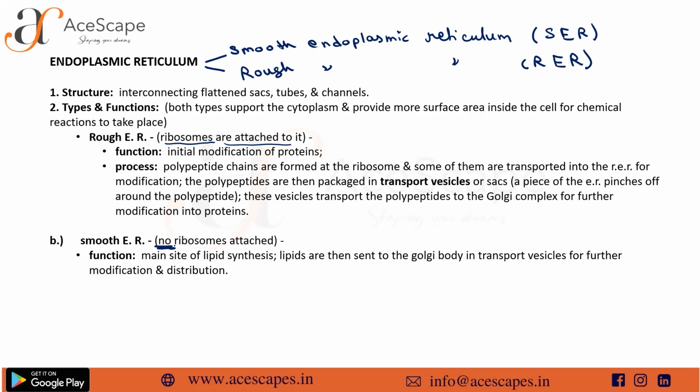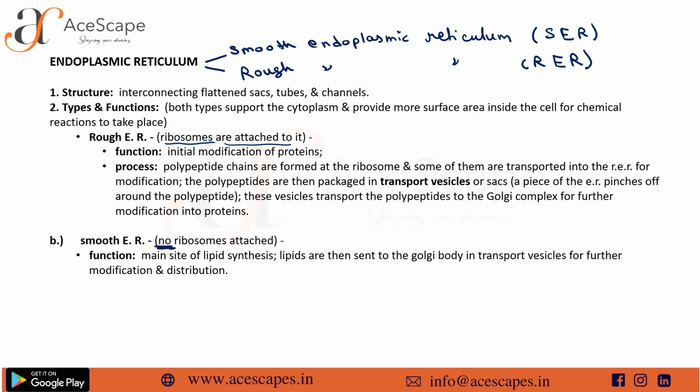From both of the endoplasmic reticulums, the final product is sent to the Golgi apparatus or the Golgi body. The lipids are sent in transport vesicles for further modification and distribution. So whatever is happening in the endoplasmic reticulum will be transported to the Golgi bodies for further modification.